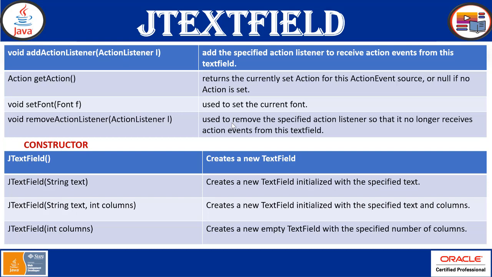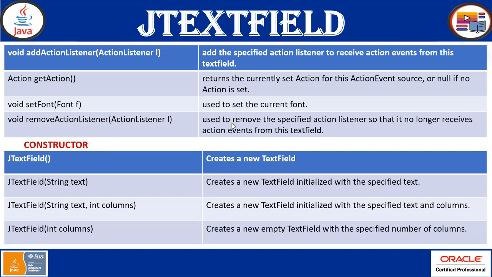Now, when it comes to the constructor, there are different constructor styles and syntaxes you can provide when you pass an argument, and each can be used in a different way. JTextField() just creates a new instance of a text field. JTextField(String text) will initialize and create that instance with the specified default text.